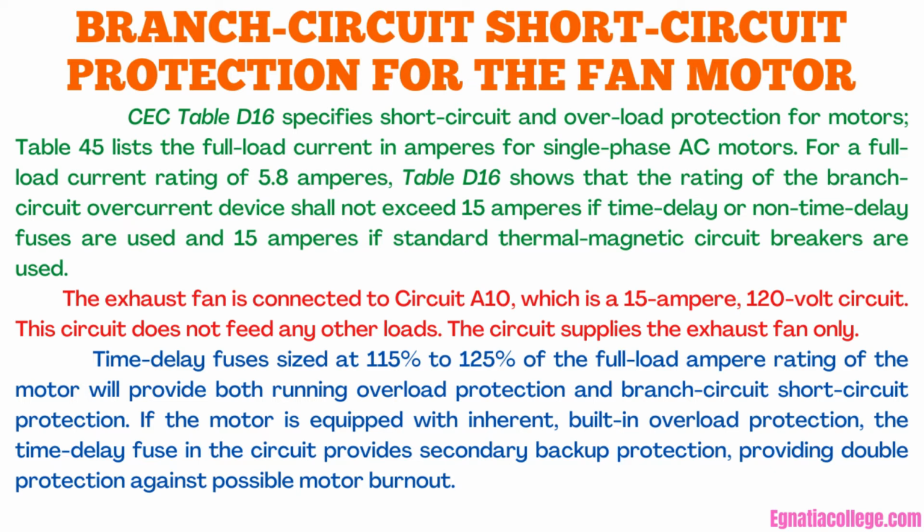For a full load current rating of 5.8 amperes, Table D16 shows that the rating of the branch circuit overcurrent device shall not exceed 15 amperes if time delay or non-time delay fuses are used and 15 amperes if standard thermomagnetic circuit breakers are used. The exhaust fan is connected to circuit A10, which is a 15 ampere, 120 volt circuit. This circuit does not feed any other loads. The circuit supplies the exhaust fan only.